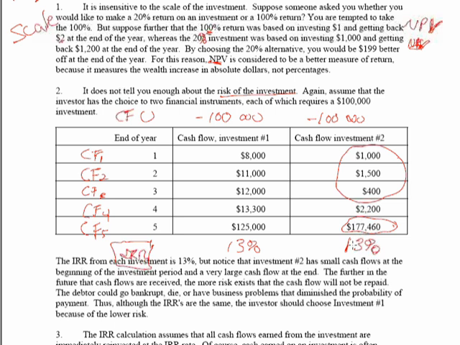So a lot of the cash flow isn't received until year 5. Given this choice of investing in either investment number 1 or number 2, they both have the same internal rate of return, I would definitely prefer investment number 1, because I get my money back a lot quicker, a lot earlier than investment number 2.